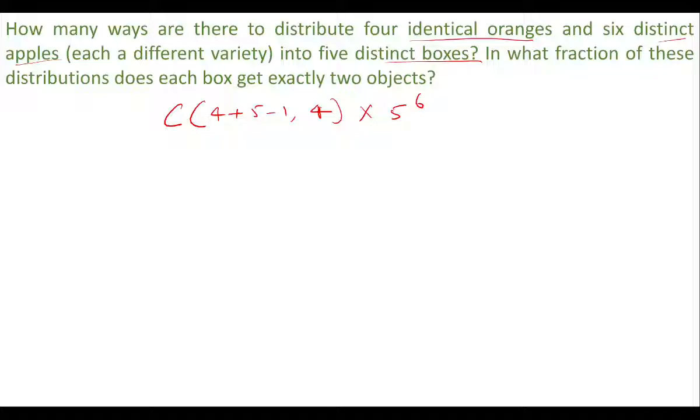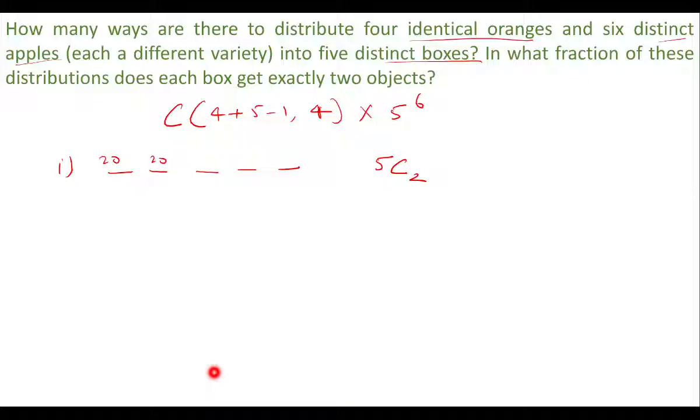Now the problem here is that all 10 objects are not identical. There are 4 identical oranges and 6 distinct apples. So we need to break down the problem into different cases. For example, there are 5 boxes, 2 boxes have 2 oranges and the remaining have apples. How do we select which boxes have oranges?